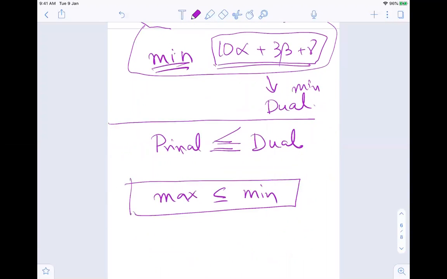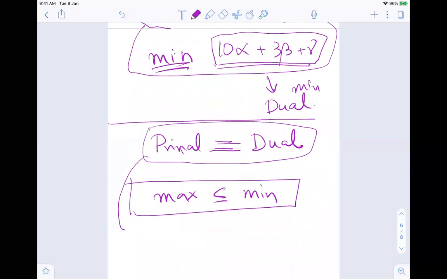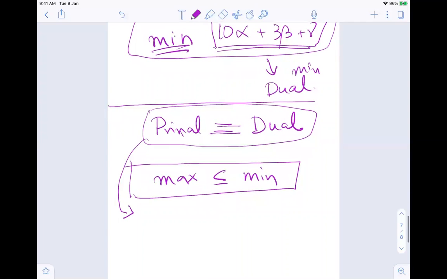By the way, equality is not a trivial one. This is one of the most celebrated theorems in the whole area. You are in BStat, so assuming that many of you will continue to MStat, you will see it. This is the starting point of operations research and of optimization.